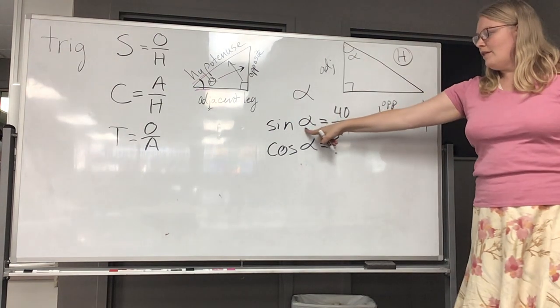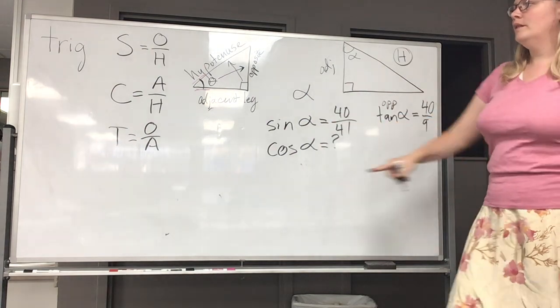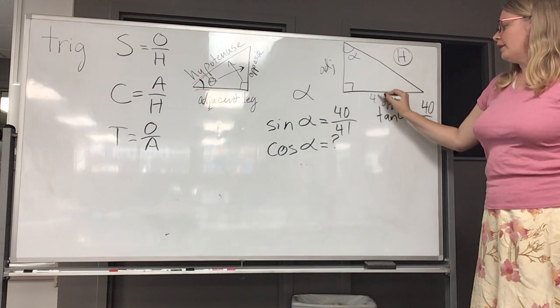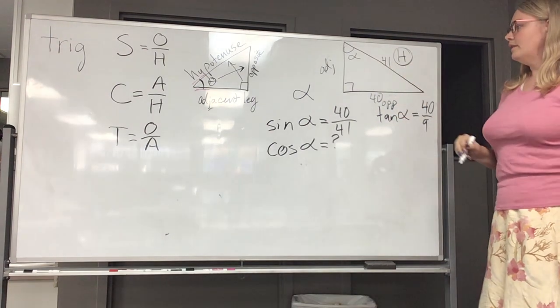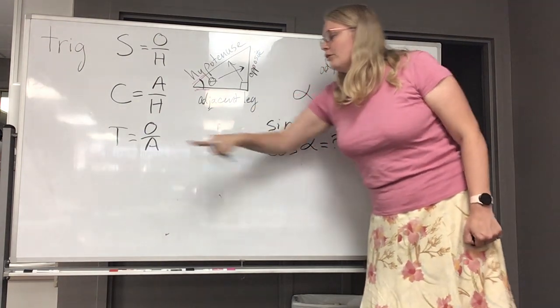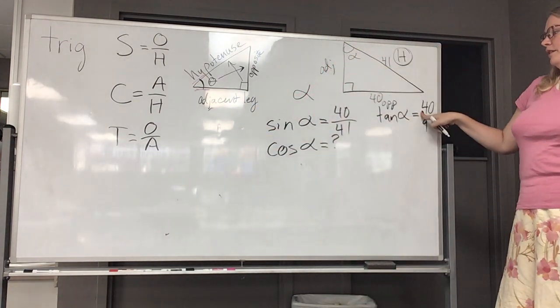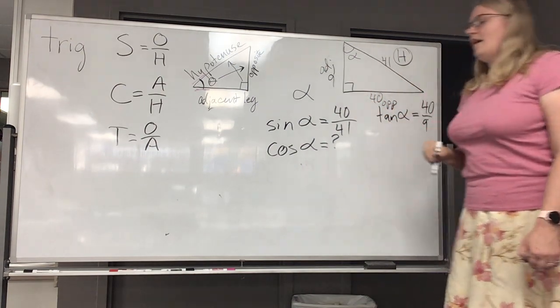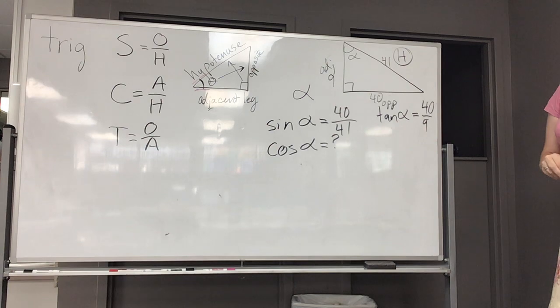If the sine of alpha is 40 over 41, sine is opposite over hypotenuse, we're going to have 40 over 41. For our tangent, it's opposite over adjacent. Again, our opposite is still 40, but our adjacent is 9, filling in the blanks.